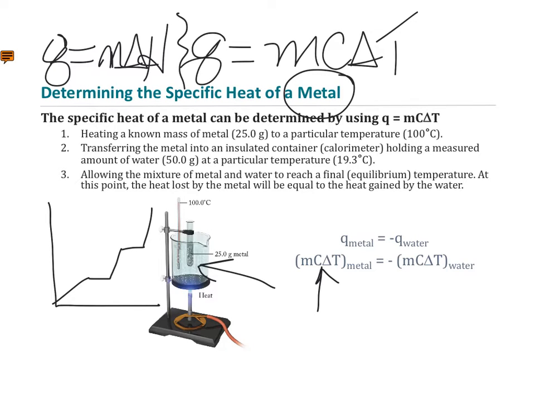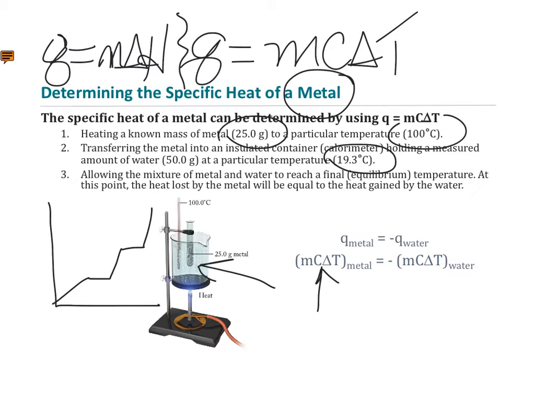But here's an example for you. In this case, we have a mass of metal, 25 grams, and it was heated up to 100 degrees Celsius. Then it was put in a calorimeter containing water. The initial temperature of the water, 19.3 degrees Celsius.